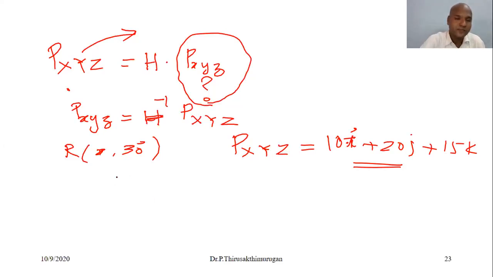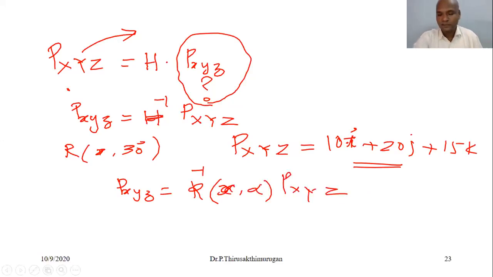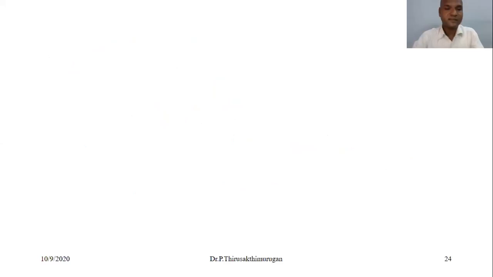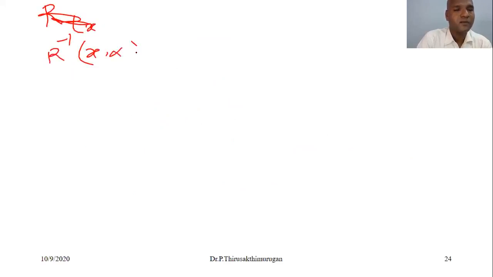In that case, P small x, small y, small z equals the R inverse of alpha, x, times capital X, capital Y, capital Z. So please remember the various inverse matrices. What is the inverse rotation matrix when the robot rotates?